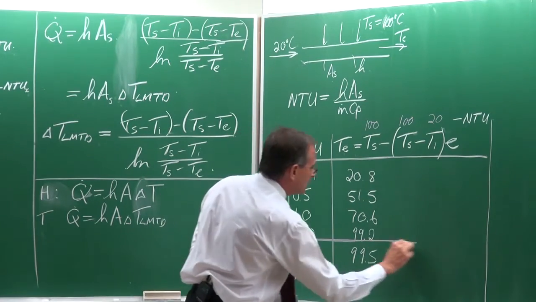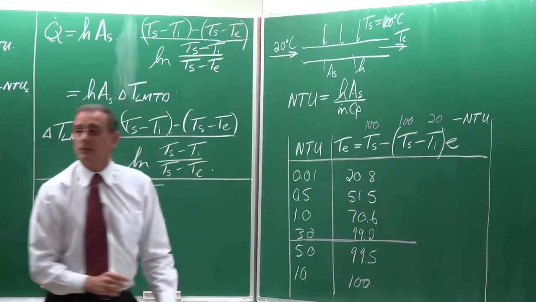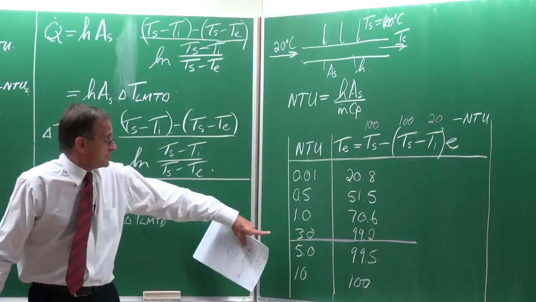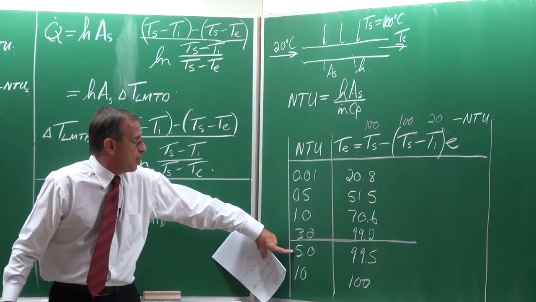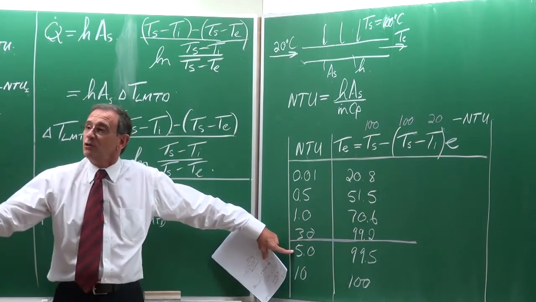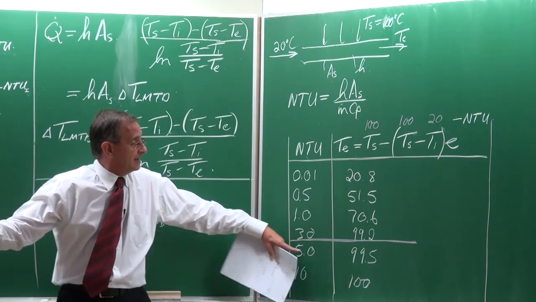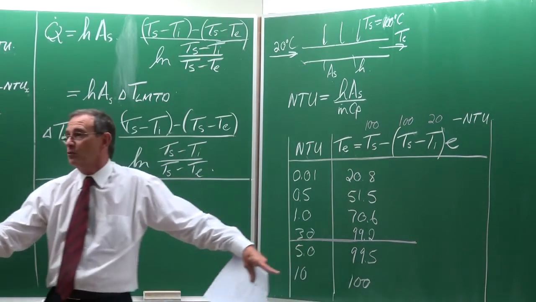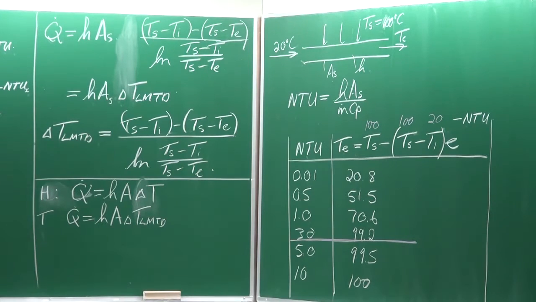It is sort of the maximum where you want to go. Because from 3 to 5, you'll have to double the length, and by doubling the length, you're just going to increase the water temperature by 0.3 of a degree Celsius. So it's not worth it. It's going to be too costly, normally.